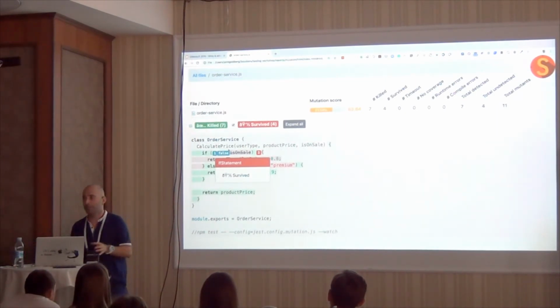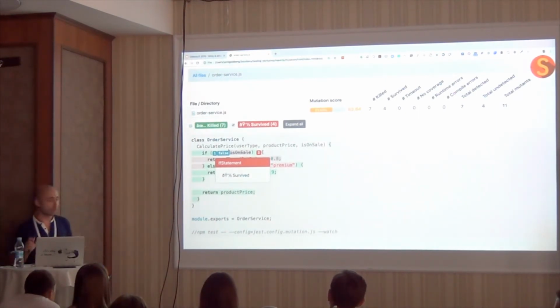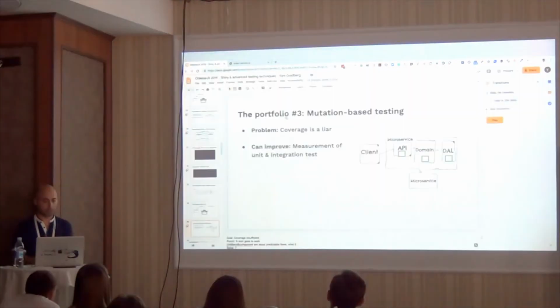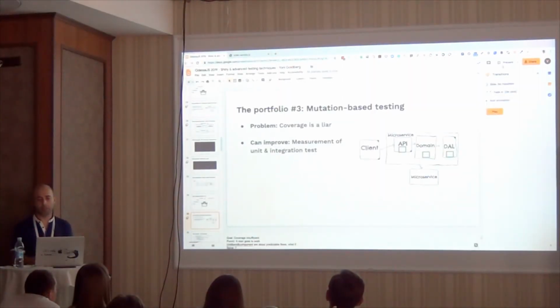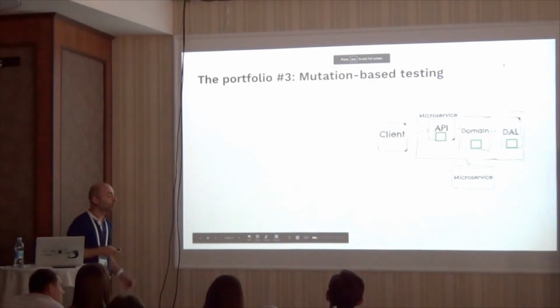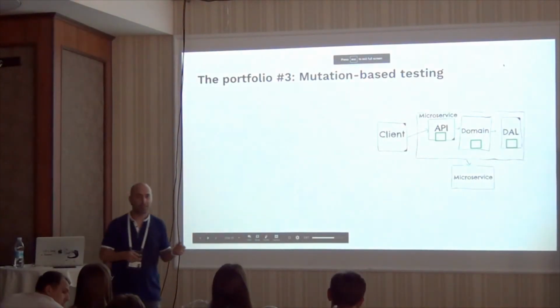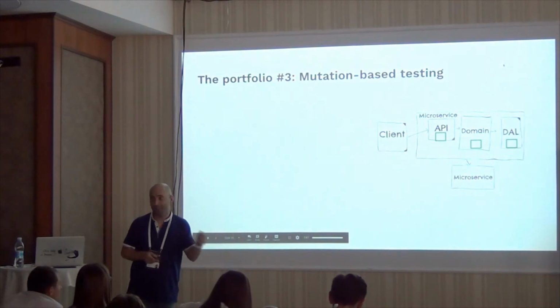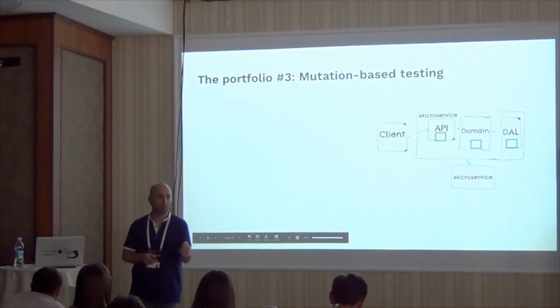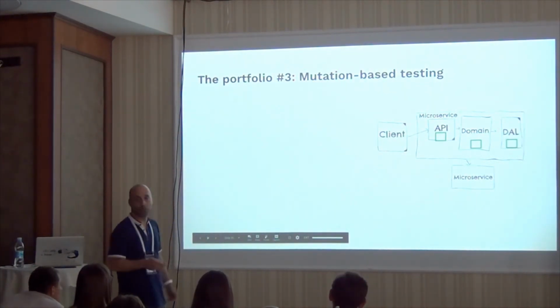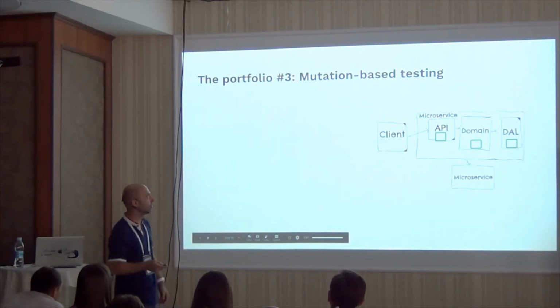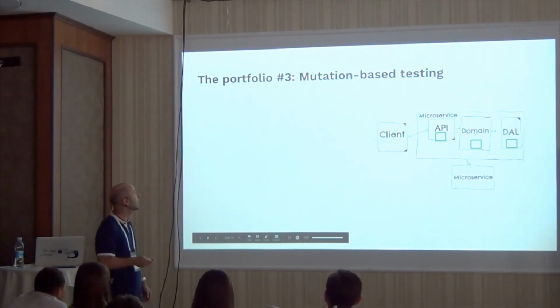It's a kind of specific instruction on which areas or lines are not covered well enough. And the main point here is that unlike coverage, mutation testing actually checks that your tests are asserting, expecting that your code will do things, and not just arriving at the right lines.